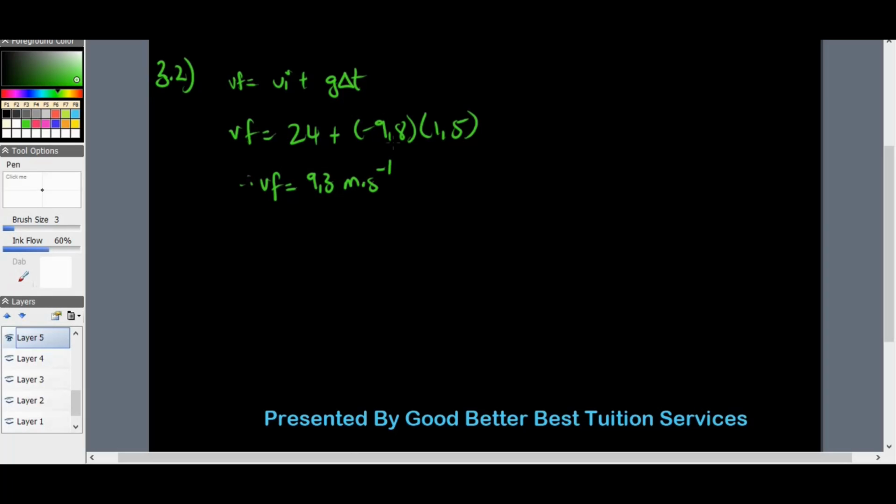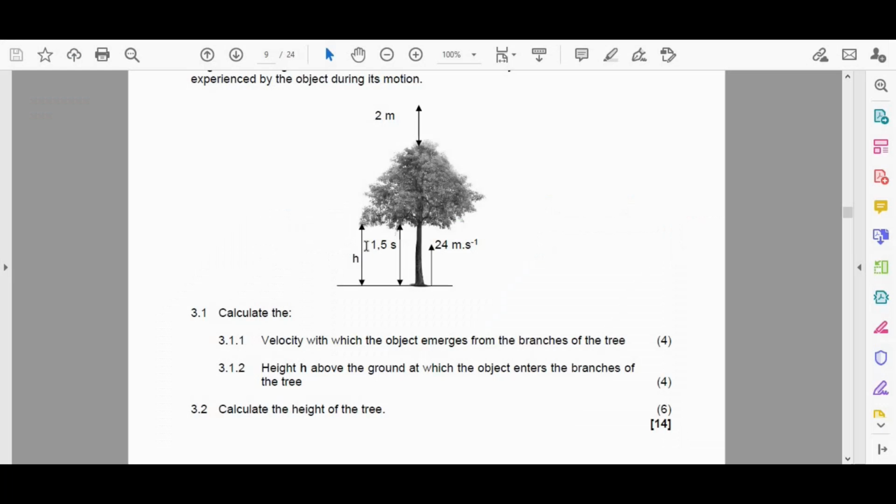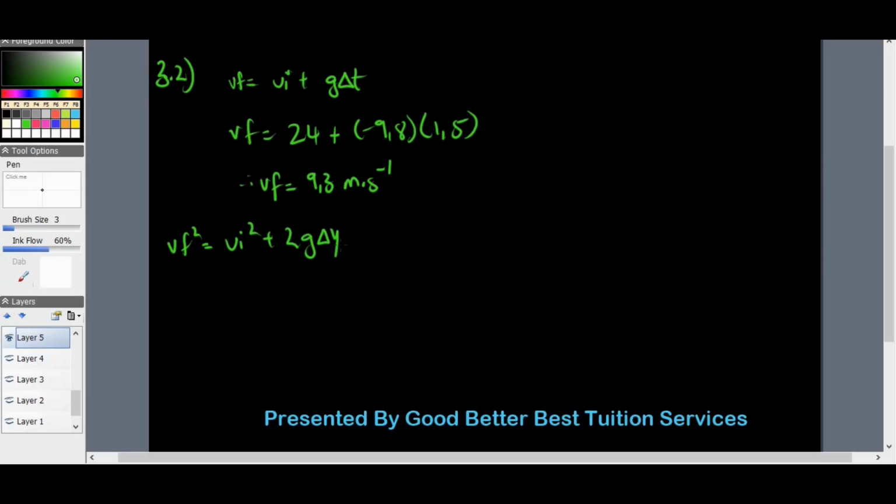Now that becomes your initial velocity in the formula Vf squared is equal to Vi squared plus 2g delta y. The reason this now becomes your Vi is because it was the initial velocity before it left the tree at this point, because we know it left that tree at 6,26.